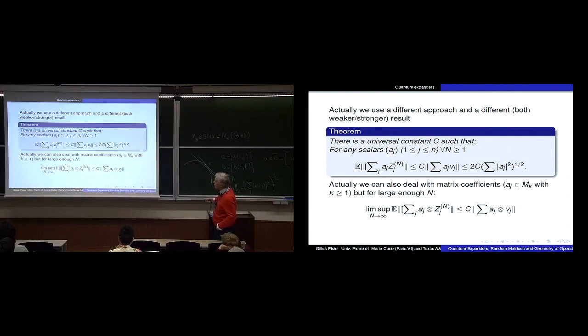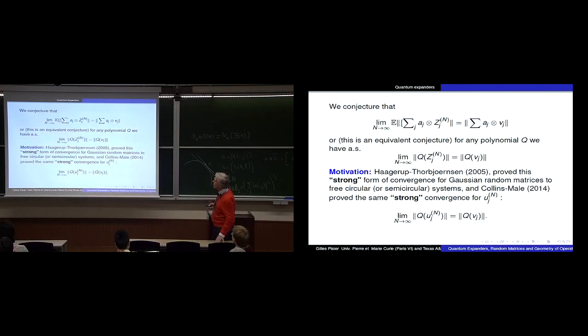All the results that I'm writing here, I have soft proofs of them if you're ready to accept results of Haagerup and Thorbjørnsen on the Gaussian case. I think I explained this here. They actually proved a finer estimate, but they proved something like this with independent Gaussian random matrices instead of the Z_j^N.